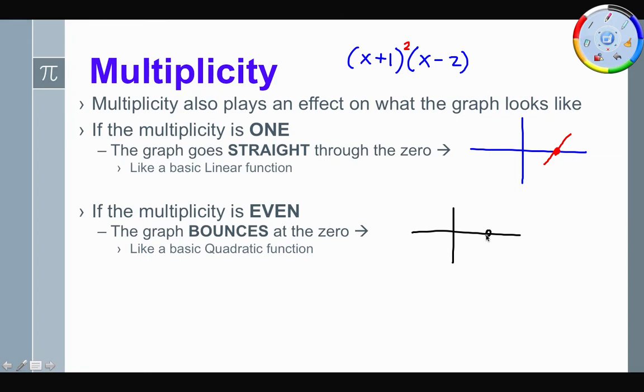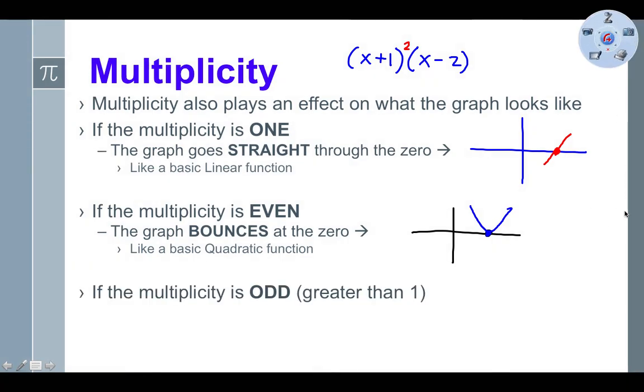So if we had a zero out here that had an even multiplicity, it would come down here, and instead of going through the line, it's going to bounce and come back up. Or it could come from the bottom, come up and bounce down. All right, so that's what an even multiplicity does.